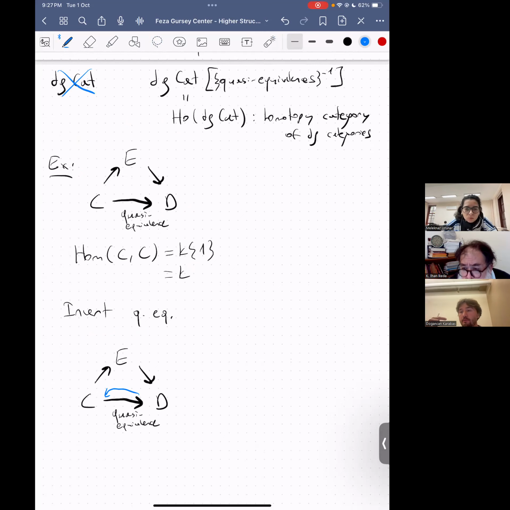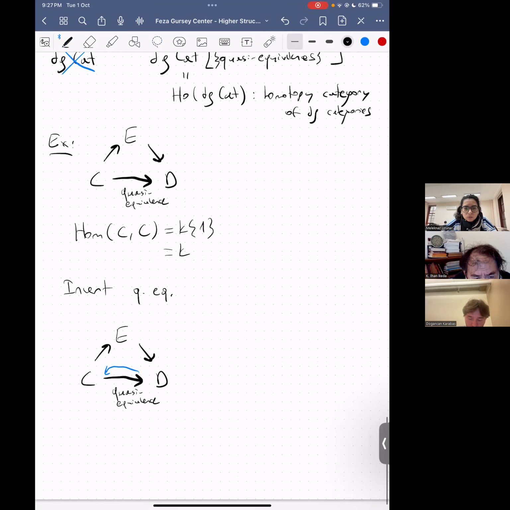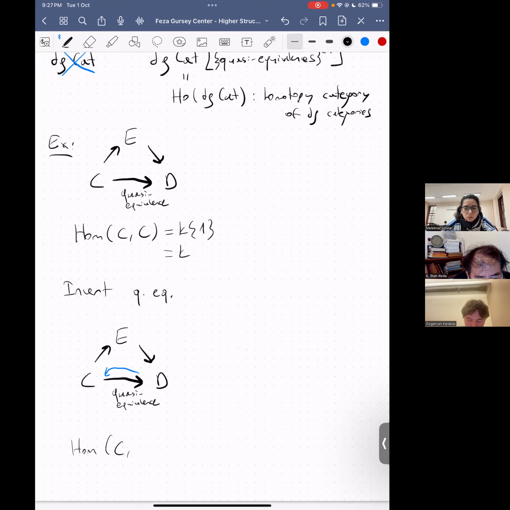So you artificially add this inverse. But when you add that, now look at the Hom from C to C. I can compose these three arrows, and there is a new, artificial functor.